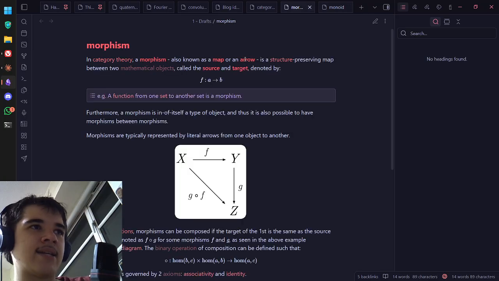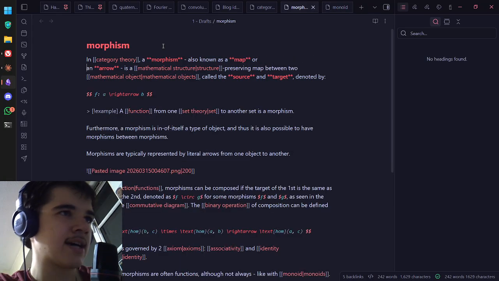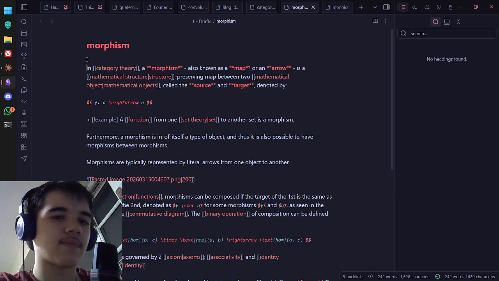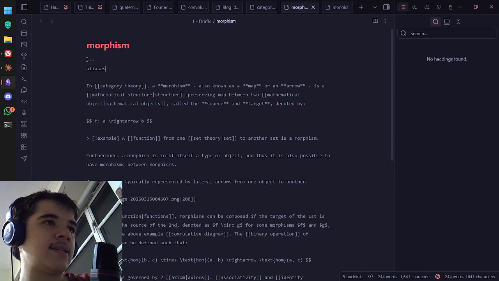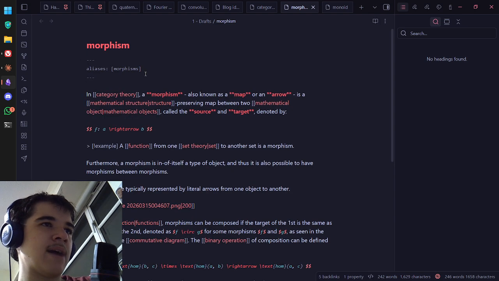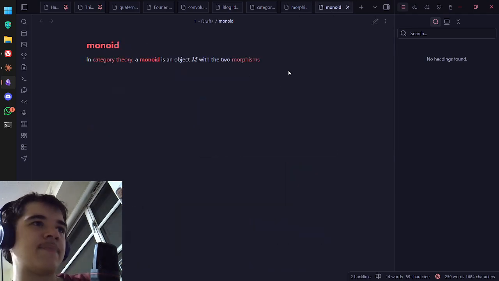Let me just quickly add an alias for this because writing this in plural is driving me crazy. Aliases: morphisms, plural. Thank you. Also map, also arrow, also maps, arrows, because why not? Okay.